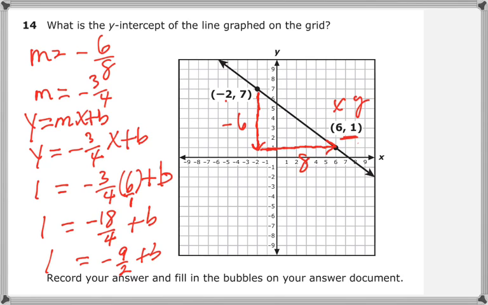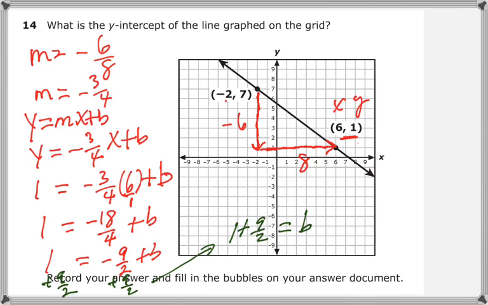Now we're going to add 9/2 to both sides. Over here, we have 1 plus 9/2, which equals b.